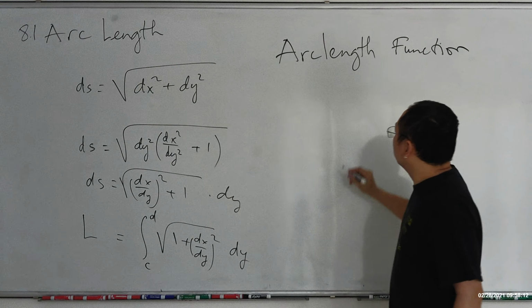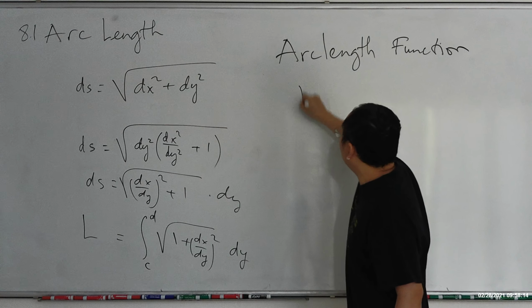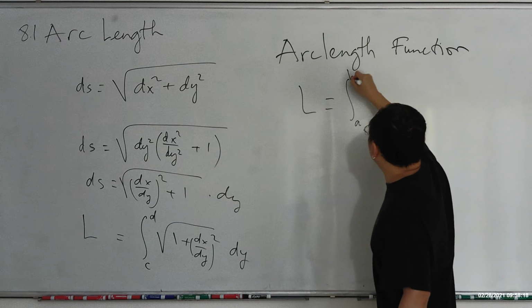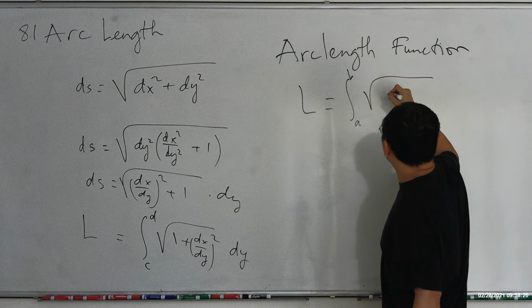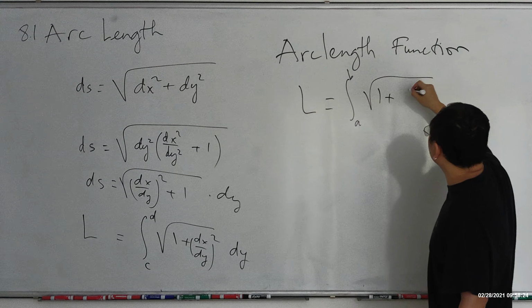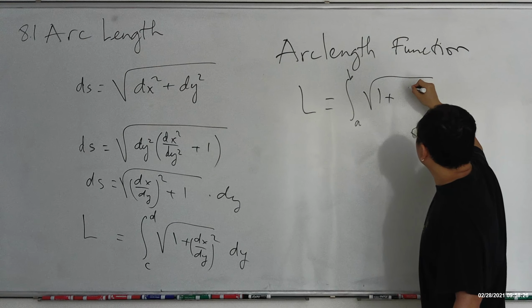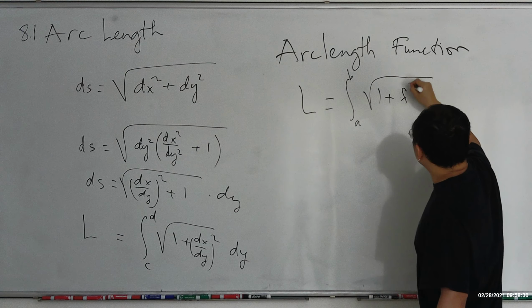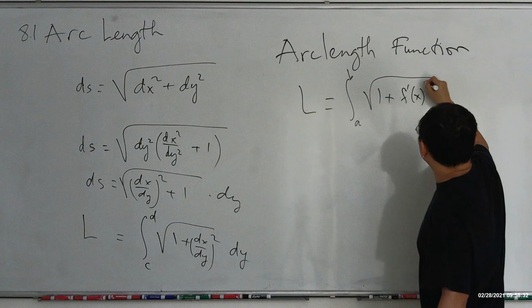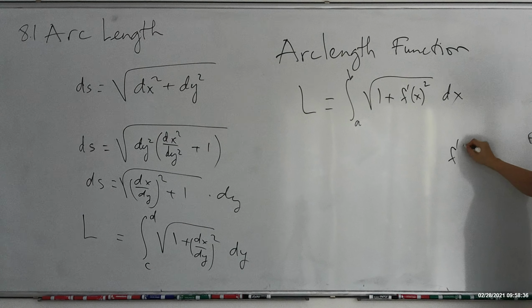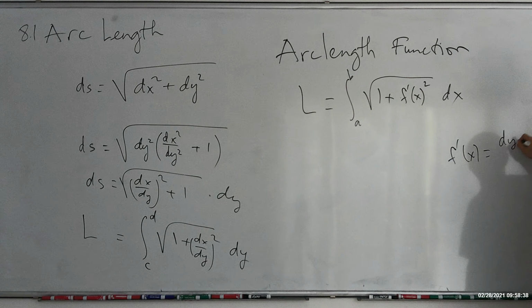Okay, so far we have the formula for arc length in terms of x, from a to b, the square root of 1 plus f prime of x squared dx, or f prime of x is the same thing as dy over dx.